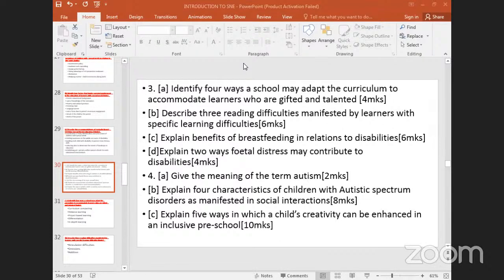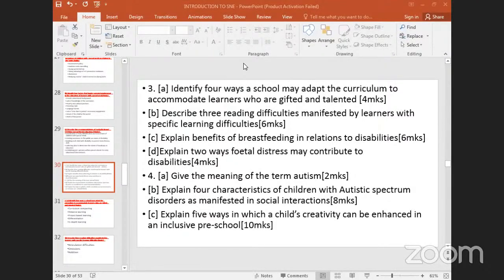The curriculum is there for all learners, but it is not suiting learners who are gifted and talented. Therefore the school has decided to change or modify this curriculum. And then the question is asking, what are the ways the school can modify or adapt this curriculum?